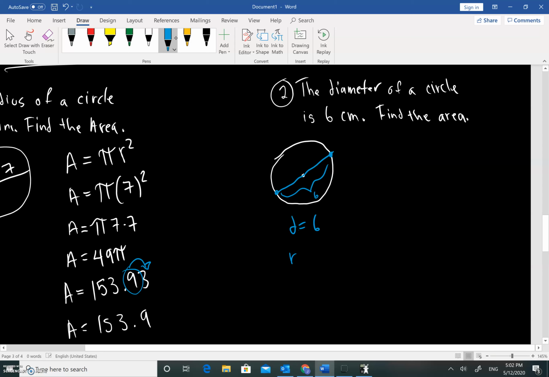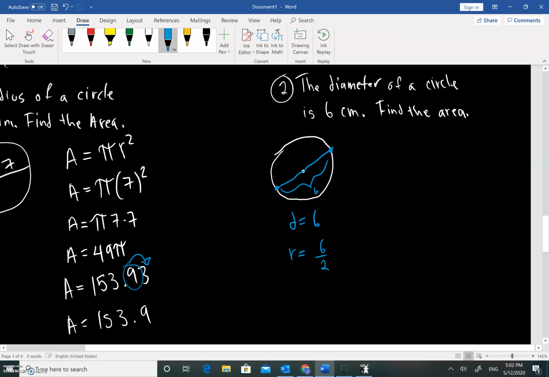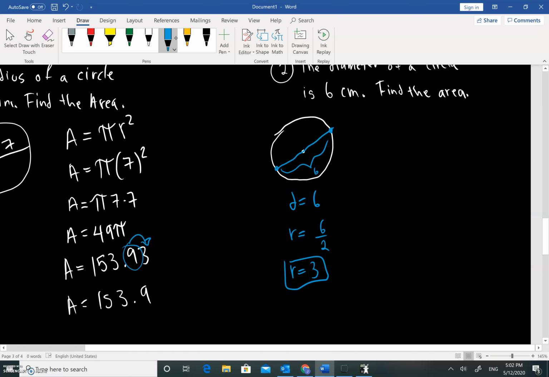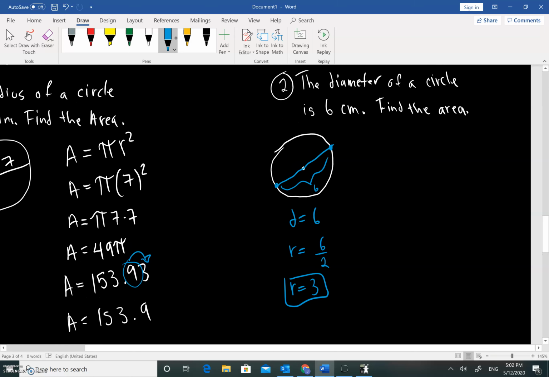Therefore, my r is equal to 6 divided by 2, because remember, the radius is half of the diameter. So r is equal to 3. Now, if you're given the radius, and let's say they don't ask you for the area and they ask you for the diameter, then because the radius is 3, that means the diameter has to be 6, because the diameter is twice the radius. But in this question, they ask us for the area.